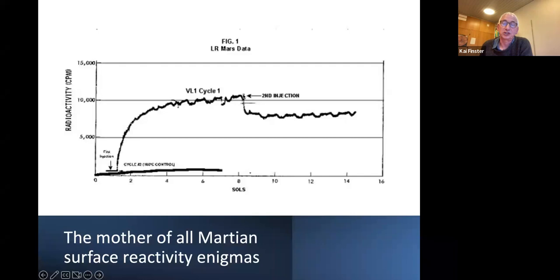They saw that the radioactivity actually went down. This could be explained by the absorption of radio-labeled CO2 by the liquid that was added, but there was no further release. And this has been debated since. Now it's almost agreed that this is probably not due to biology, but rather to chemical activity.